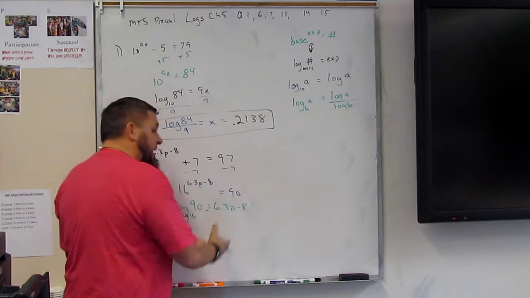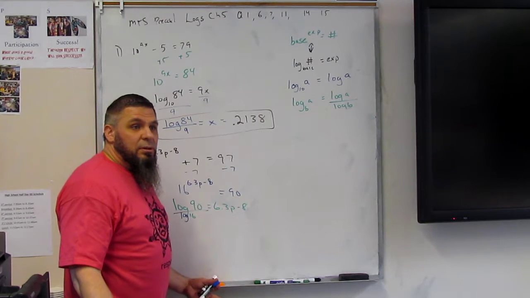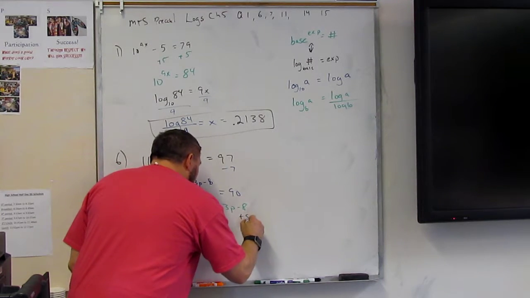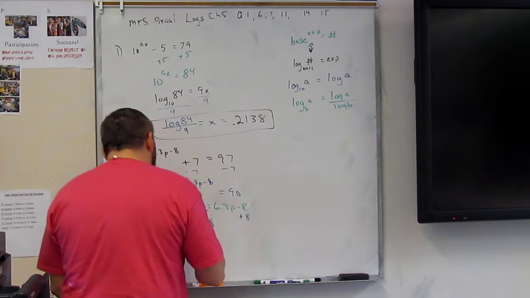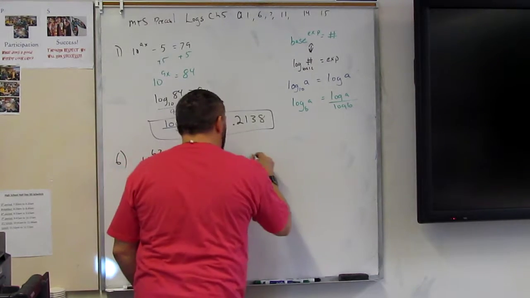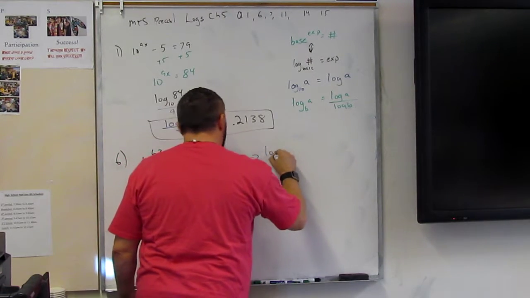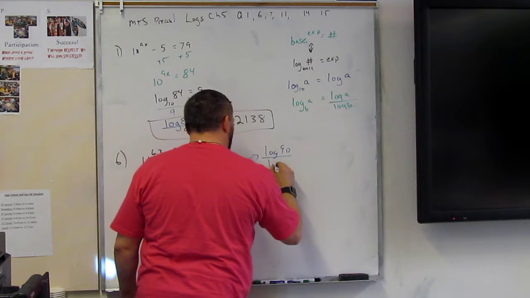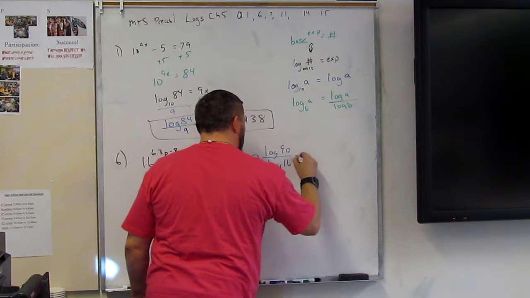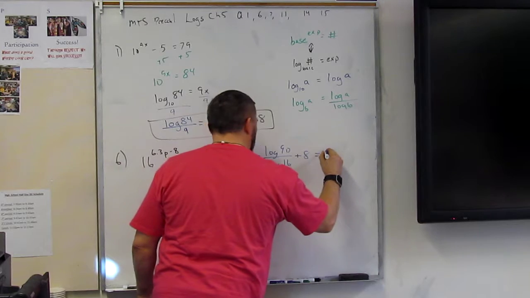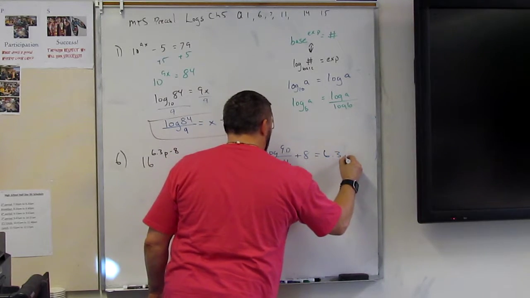If it's minus 8, I'm going to plus 8. That's it. So I have, let's just write it up here, log 90 over log 16 plus 8 is equal to 6.3p.